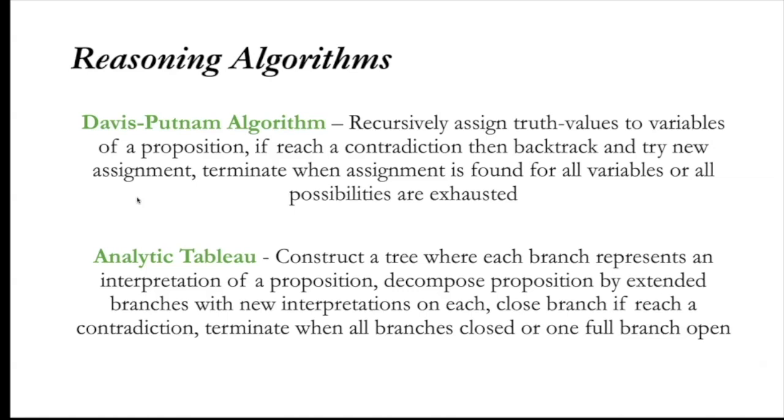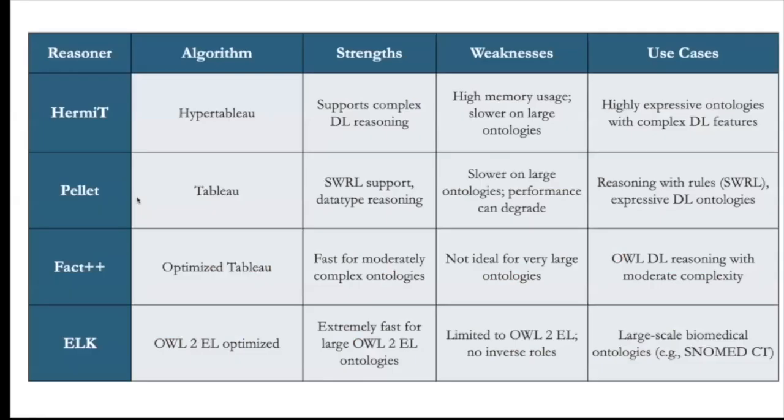If you have an open branch, then there's a way to interpret that formula or proposition so that it's true, and so it's not a contradiction. If you close all the branches, you said something wrong, like P or not P. I'm just giving a high level picture, and I'm going to show you an example of the analytic Tableau, because that's the important algorithm for us.